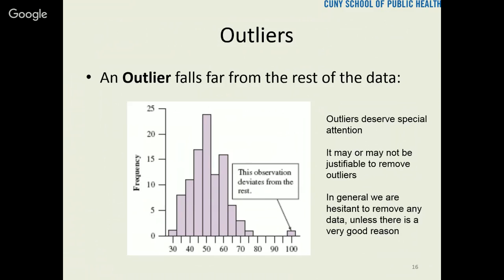Sometimes outliers are defined based on the z-score, which we'll get to, of individual points. But all of those are just ways of quantifying something that is really a qualitative observation that this data point doesn't really look like it fits with the rest. And what is an outlier on a symmetric distribution like this might not really be an outlier if this were a skewed distribution. If it's right skewed, you'll expect more points over on that right-hand side.